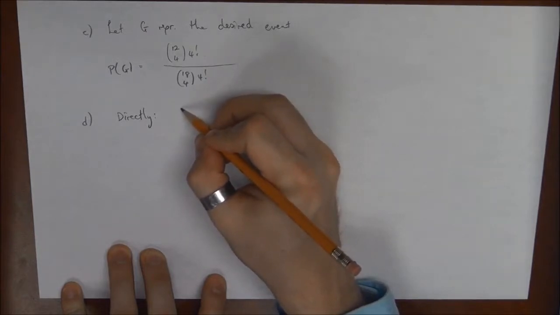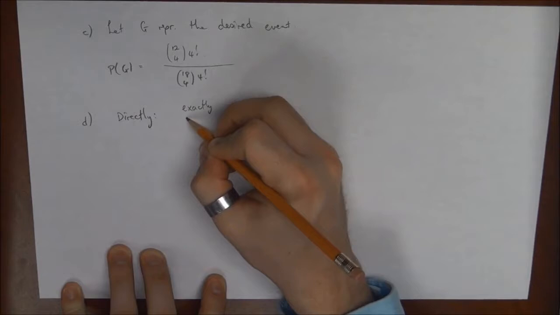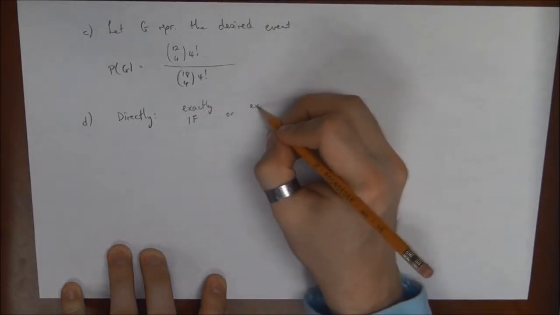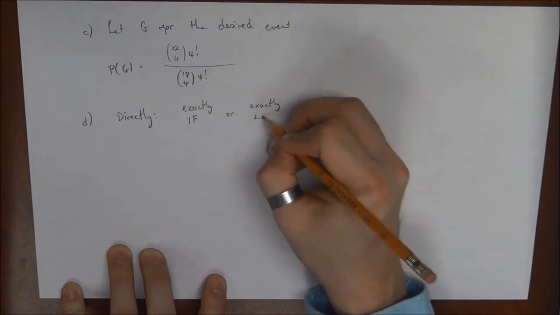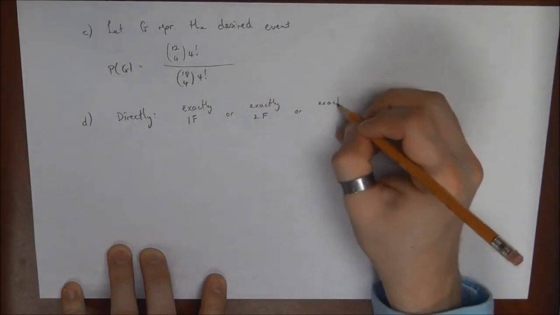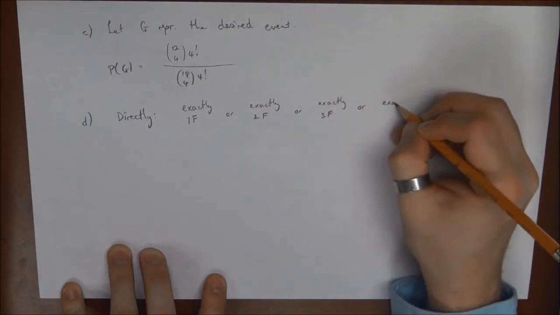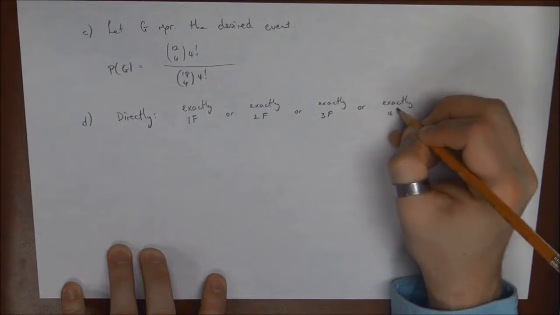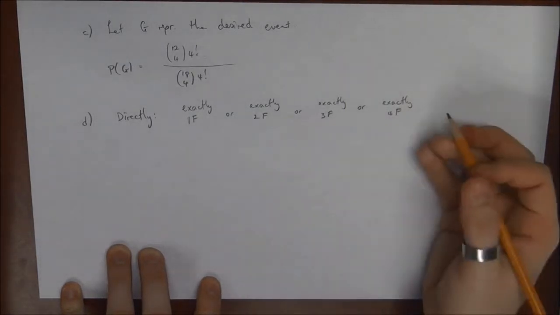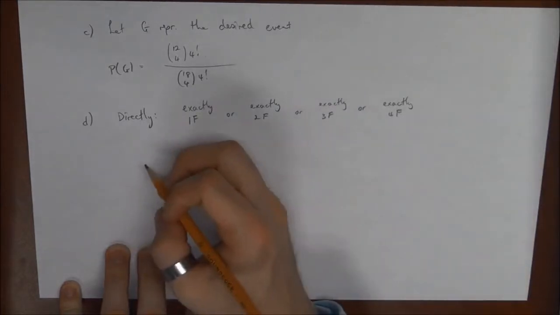Directly, we can have exactly 1 fiction book, or exactly 2 fiction, or exactly 3 fiction, or exactly 4 fiction. All of them are fiction books. That's not bad, it's only 4 cases. It's not terrible.